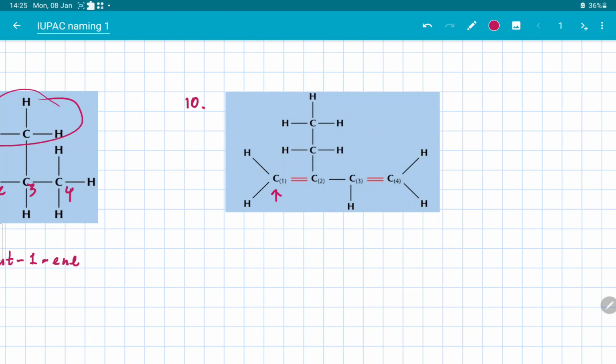So when we name, we start with the branch. What is our branch? Ethyl, at carbon 2. Now the main continuous chain has 4 carbons, so but-. Remember the two double bonds.